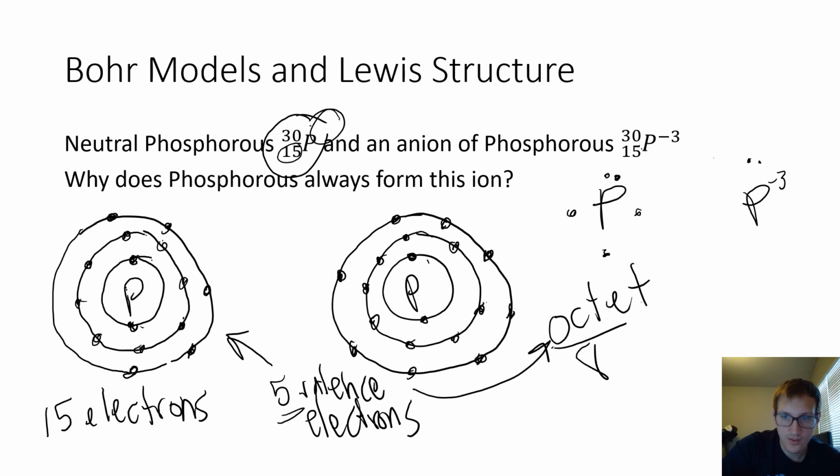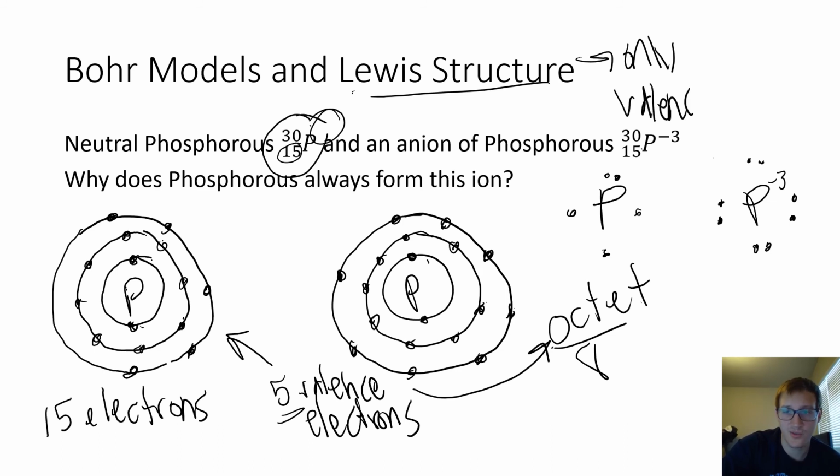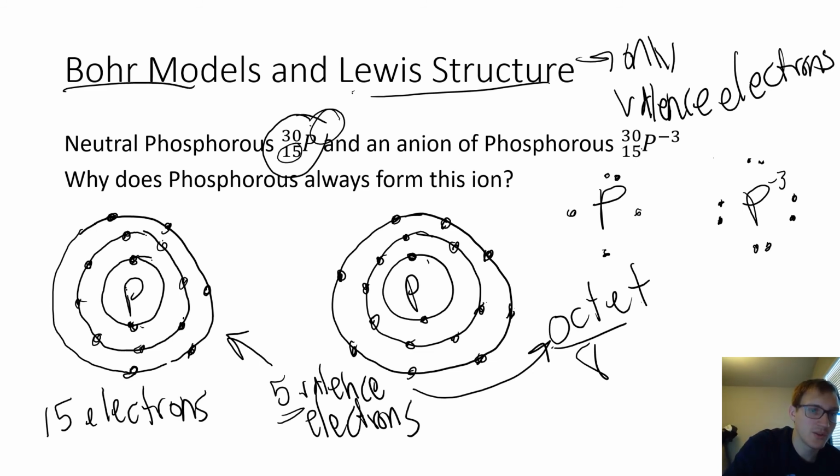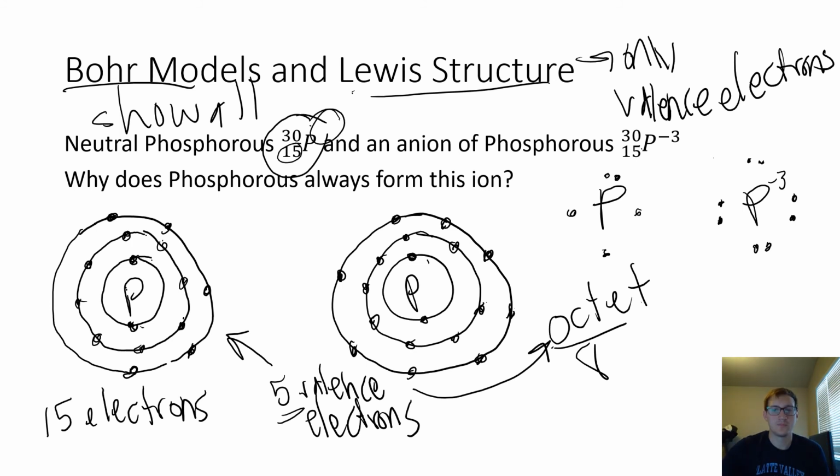So I'd go 1, 2, 3, 4, 5, 6, 7, and 8. Okay, so that's how I would make my Lewis dot structures. Notice that the Lewis structures only show valence electrons because those are the most important. But Bohr models show all of them. Okay, and that's all you need to know for Bohr models and Lewis dot structures.